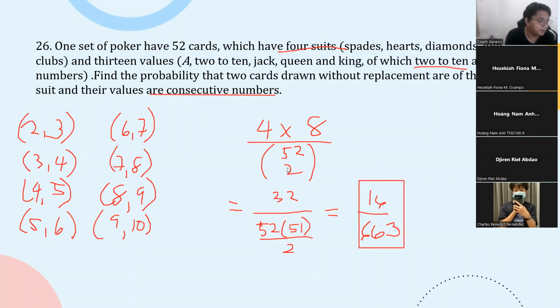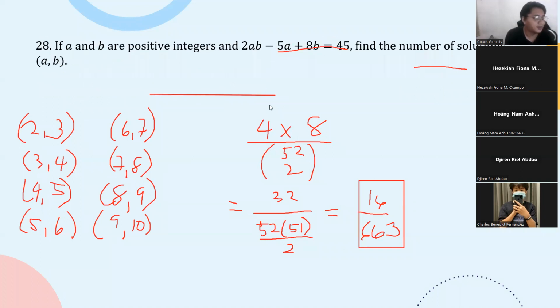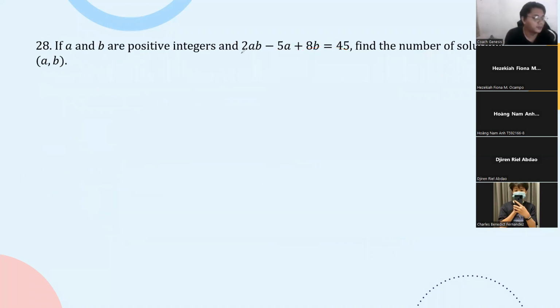Also, for number 28, you just have to factor this one. So in order to factor, you will have a plus 4, and then you have 2b minus 5.